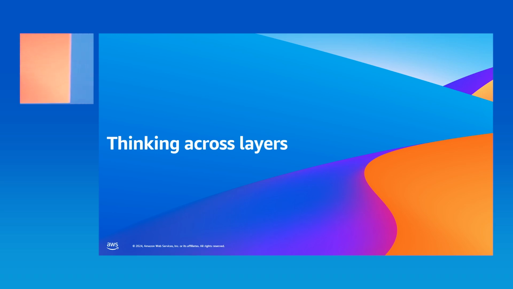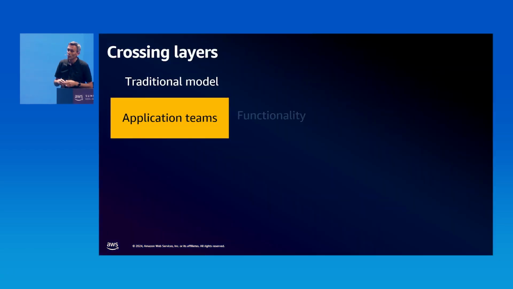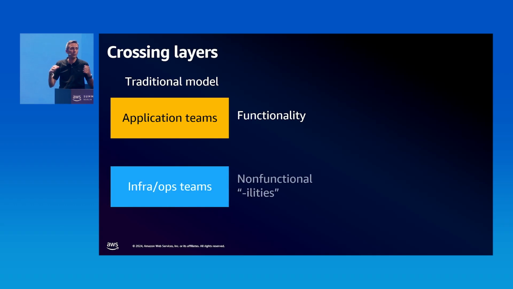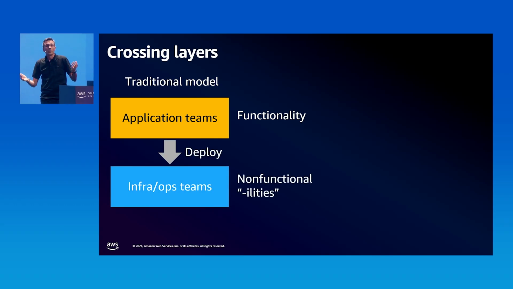So, architect maneuver number 2 is where you make sure you don't think about the solution in a tiny box, but across the entire spectrum. And if you worked in IT, in software delivery and operations, you know this model. So we always tend to believe we have the application team. It does stuff, they implement functionality, and then they deploy.